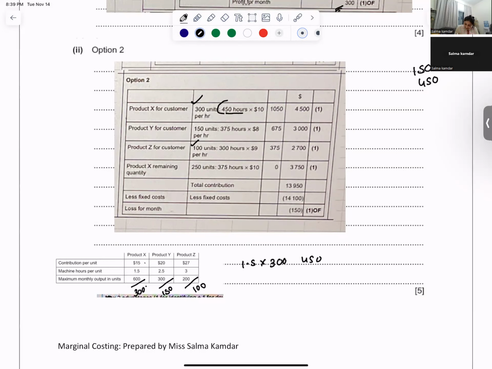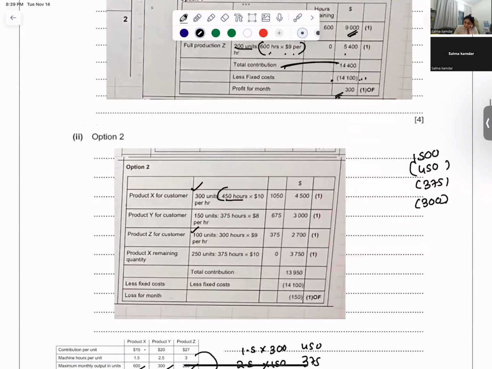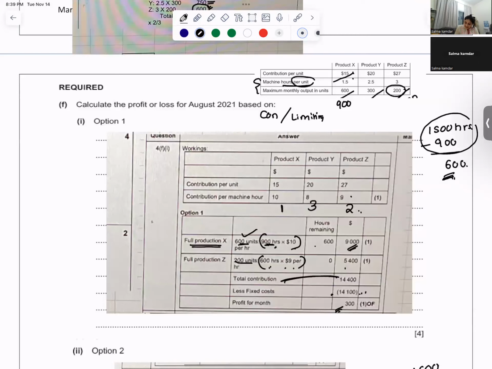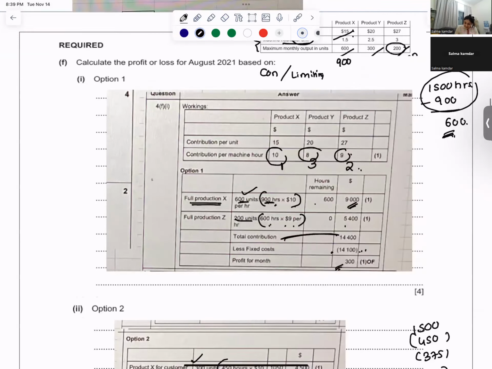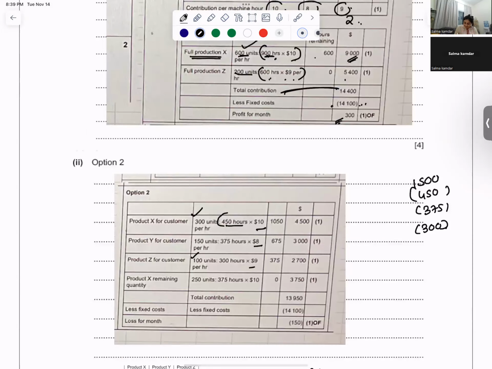For Y, 150 units would take 2.5 hours. So for Y, 375 hours will already go away. And for Z, 100 units is going to take 3 hours. 300 hours will go away for Z. You will multiply it with the contribution per limiting factor that you're getting, 10, 8, and 9.